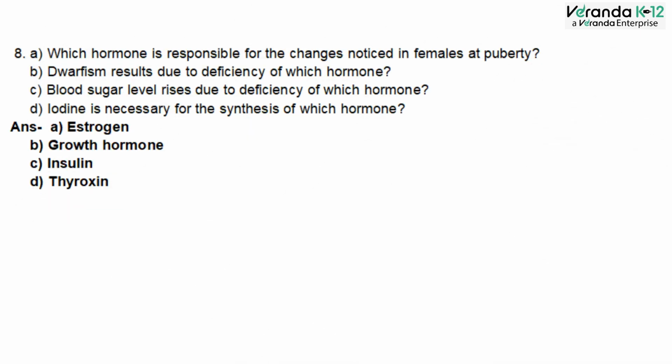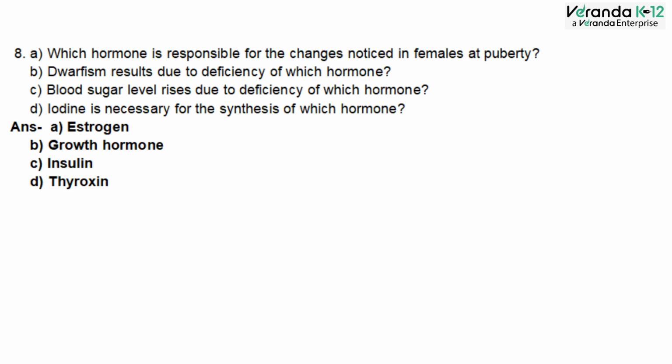Question number 8. Give a brief explanation for the following. First one, which hormone is responsible for the changes noticed in females at puberty? The answer is, in females, the hormone estrogen is responsible for the changes at puberty, such as development of breasts, broader hips, and the start of the menstrual cycle. Second, dwarfism results due to the deficiency of which hormone?